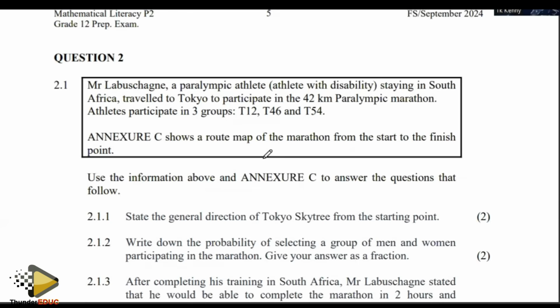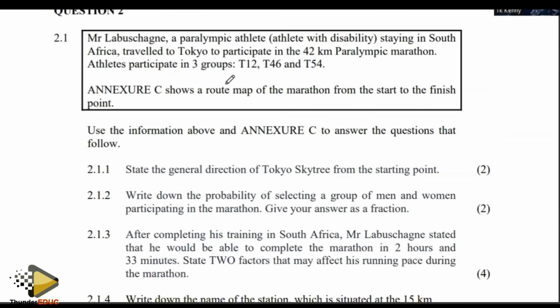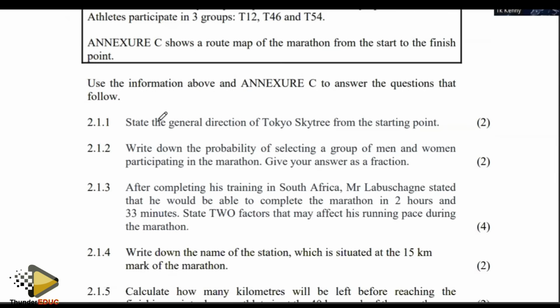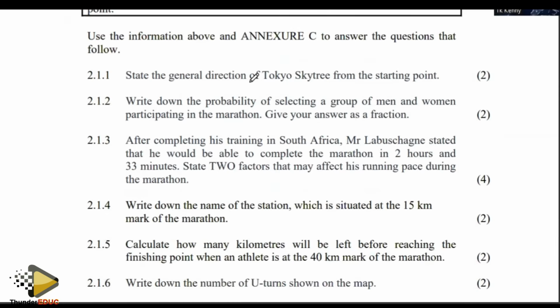Athletes participated in 3 groups: T12, T46, T54. Annexure C shows a route map of the marathon from the start to the finish point. Use the information above and Annexure C to answer the questions that follow. State the general direction.